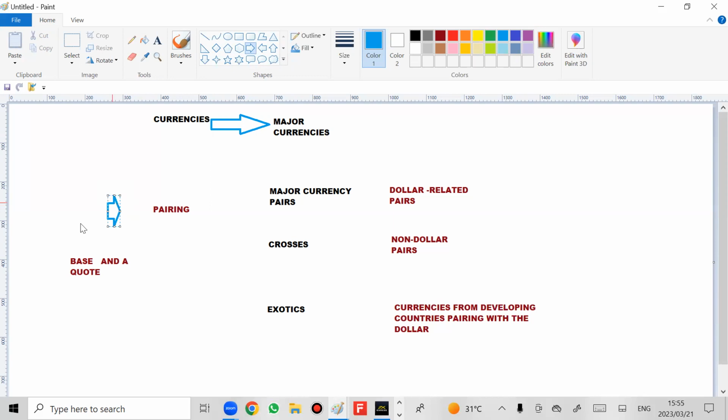This is the pairing part. Major currencies, we saw that these are dollar related, and crosses are non-dollar related, and exotics are currencies from developing countries pairing with the dollar, right? Yes.